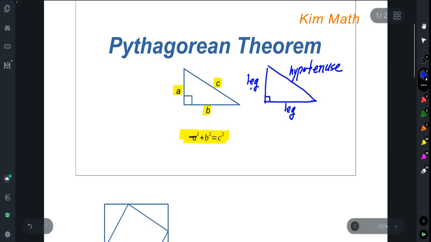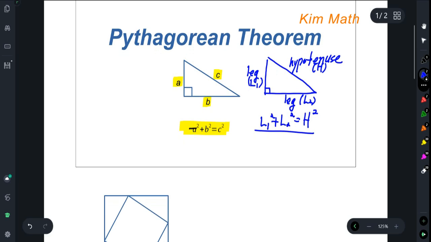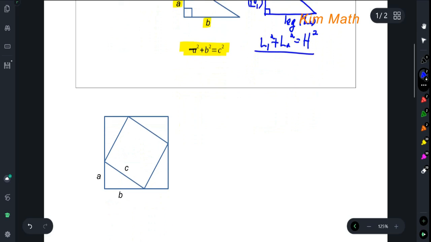If this one is L1, this is L2, for example, and this is the hypotenuse H, then we can say L1 squared plus L2 squared equals hypotenuse squared. Okay, please note that these two pictures show the same information.